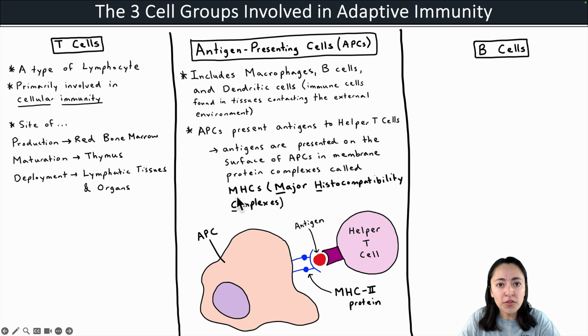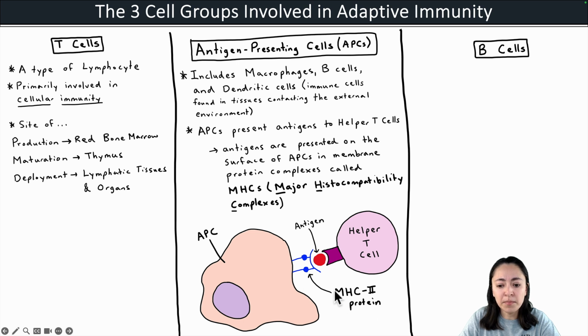Antigens are presented on the surface of antigen-presenting cells in a membrane protein complex called MHCs, which stands for major histocompatibility complexes. So here you can see an antigen-presenting cell. It could be a macrophage, a B cell, or a dendritic cell. On its surface in blue, you see an MHC2 protein.